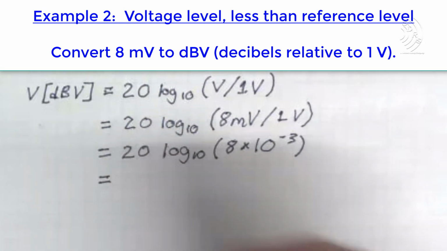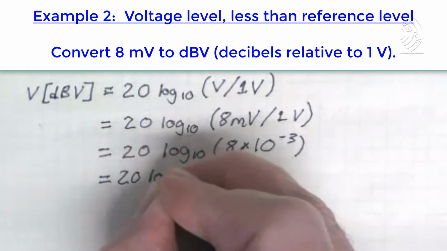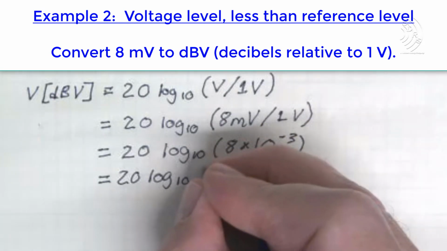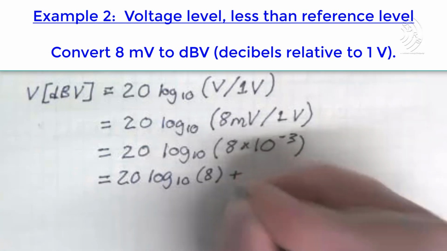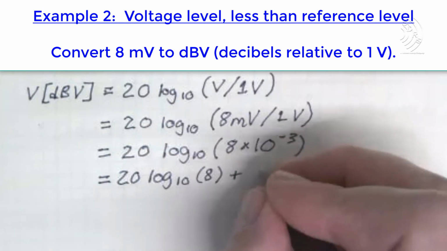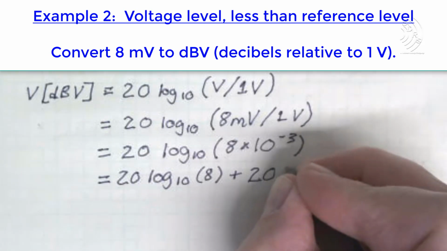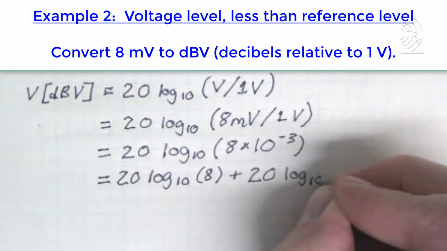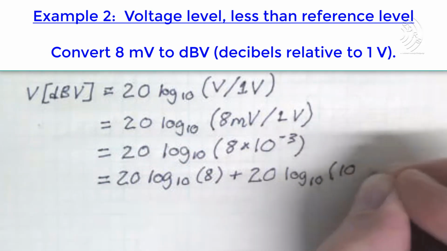So as a result, we could say this is 20 log 10 of 8 plus 20 log 10 of 10 to the minus 3.